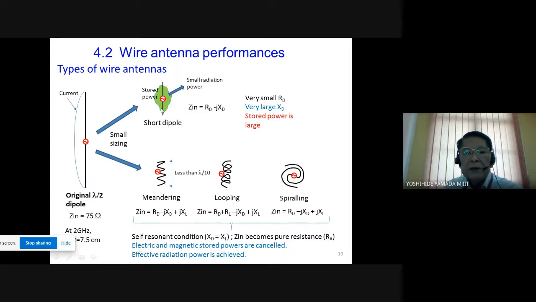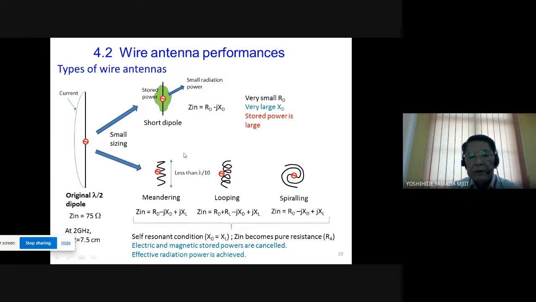So in this situation, the stored power is very large and the radiation power is very small, so it is not suitable for use. So for the small antenna, meandering this shape, the total length becomes very small, less than 1/10 of the wavelength.